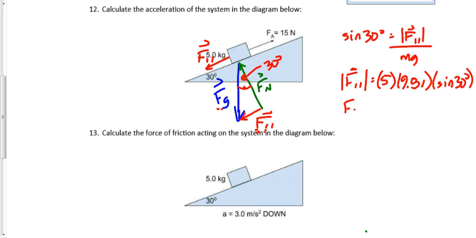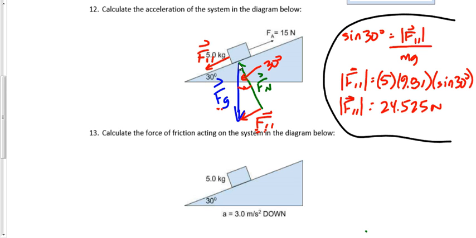That gives us F parallel of 24.525 newtons, I think it was. Same as it was in question number 11, right? Okay, there's F parallel. I like to box that off because that's kind of separate. We've just resolved the vector. We've just gotten rid of that funny angle of 30 degrees.